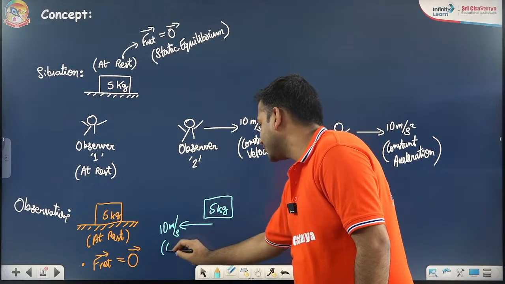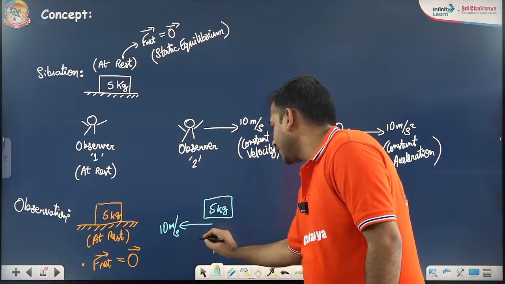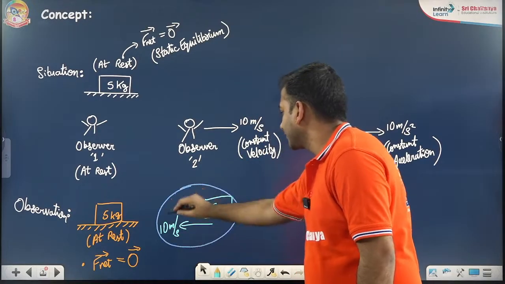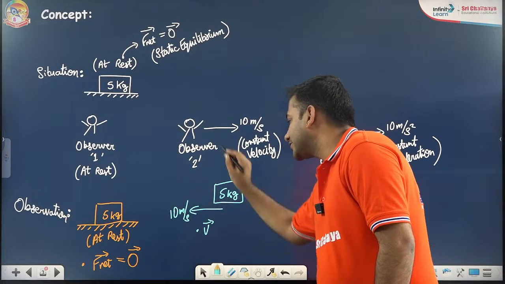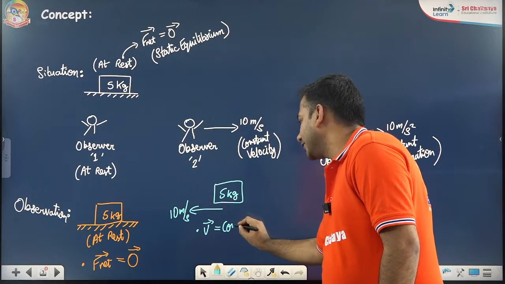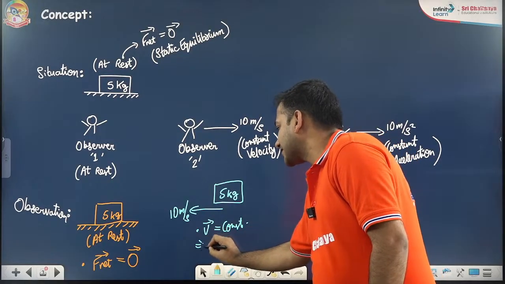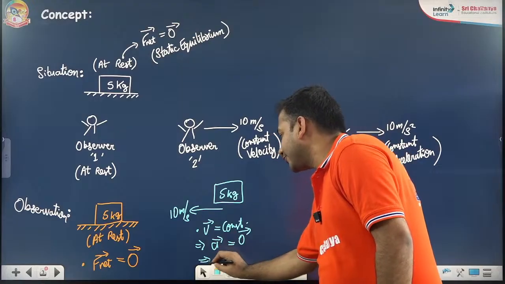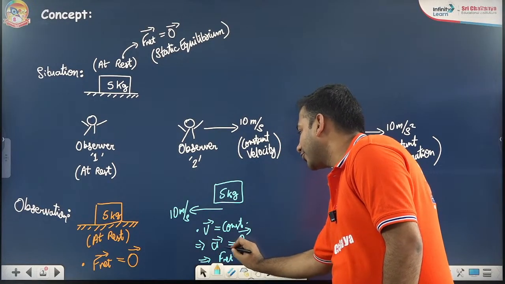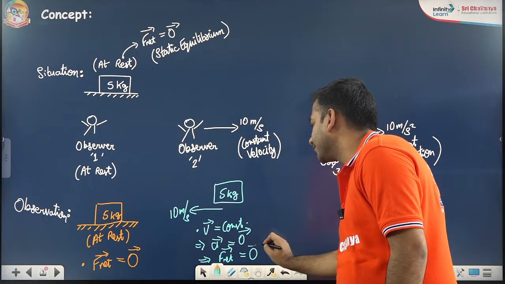Here velocity is observed to be constant. So the velocity vector according to this observer is constant, which means the acceleration vector is 0, which means the net force acting on the object according to this observer is 0.